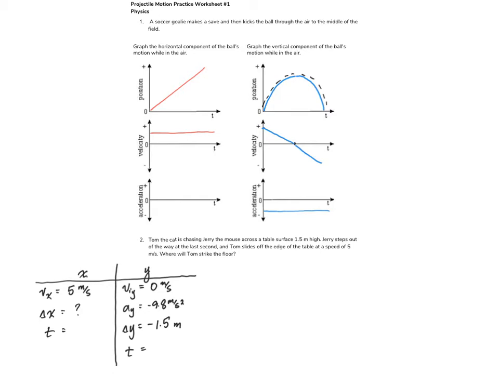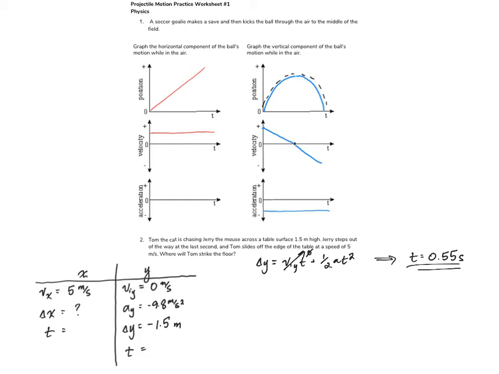So the equation that we can use here is delta y is equal to v initial y times time plus 1/2 a t squared. Now remember, v initial in the y direction is 0, so this whole term goes away. And if we plug and chug, plugging in the stuff that we know, we should get time equal to 0.55 seconds. Now from there, we can start working in our x direction.